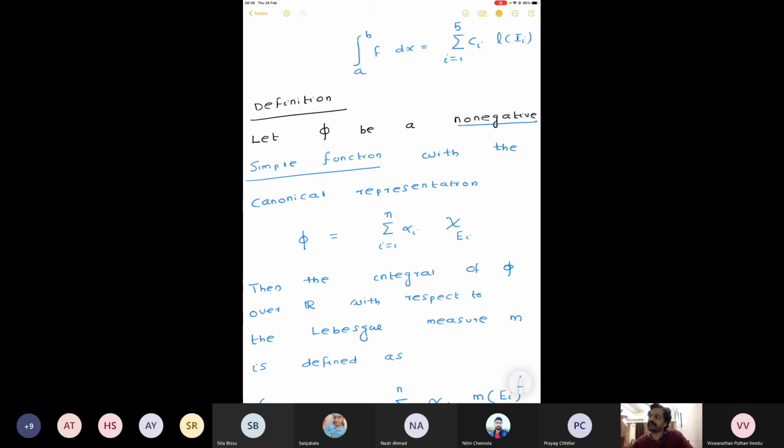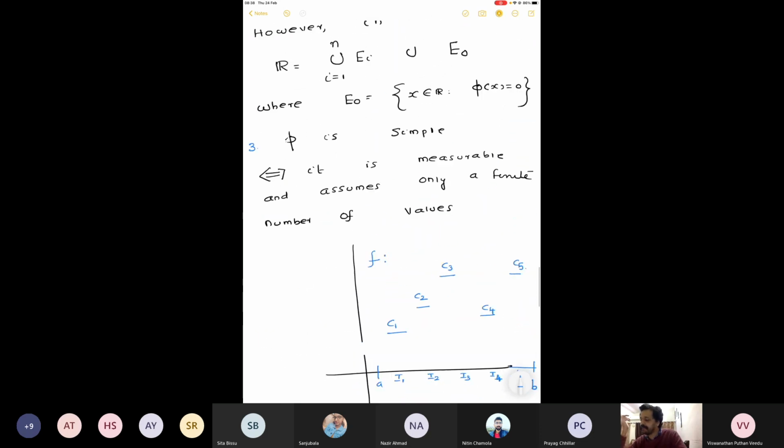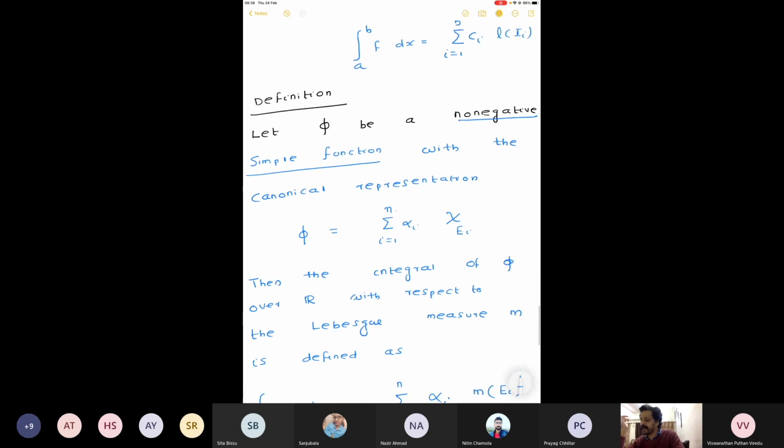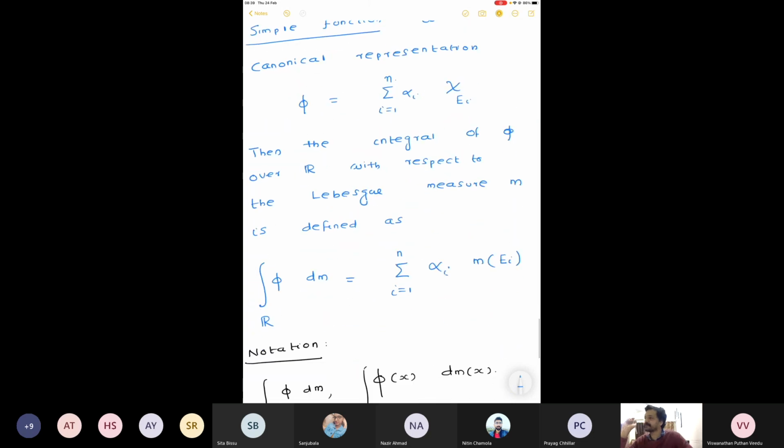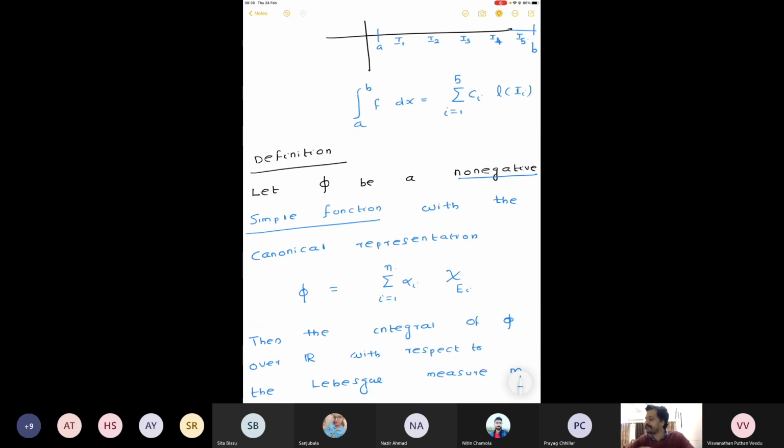Why do you want a geometrical interpretation? I have defined the integral of a simple function. That's it. Why do you want to correlate it with the area? That is nothing connected with area. It's a definition. My question is, in this definition, why do you feel this assumption of non-negativity is important?